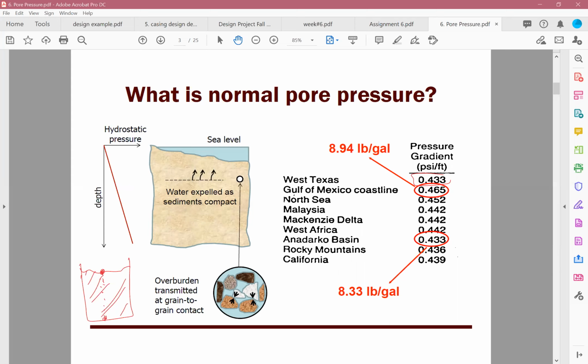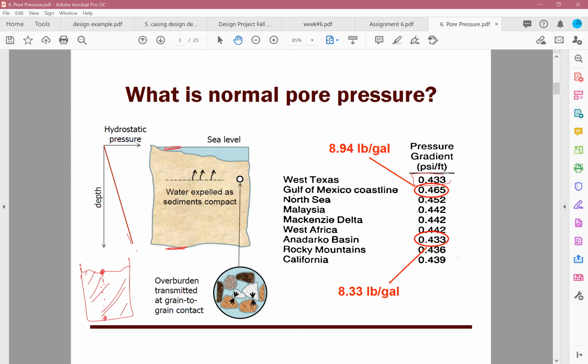Now, a normal pore pressure gradient means that your hydrostatic pressure changes linearly with depth, starting from the surface all the way to the bottom. The reason you have this constant gradient is that all those formations, from the surface to that depth, have pores that are connected together.